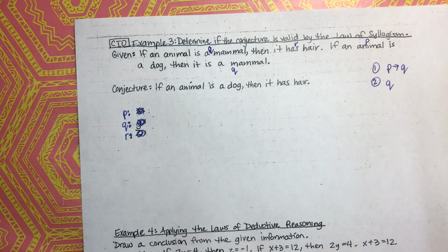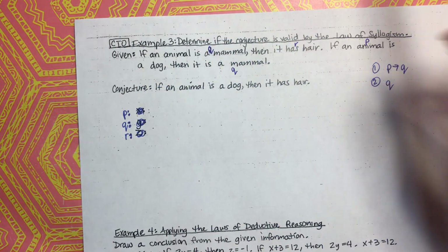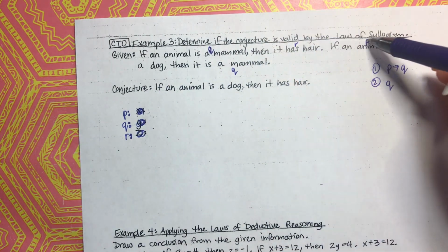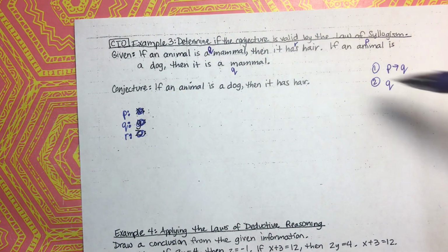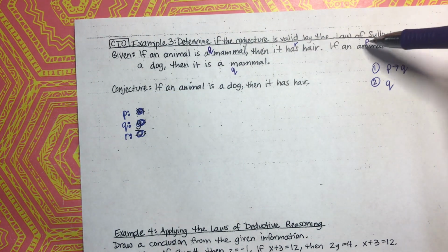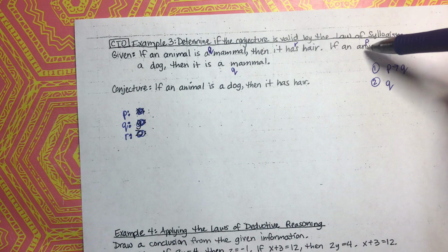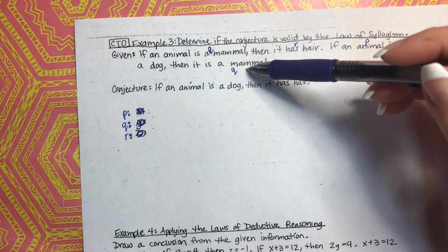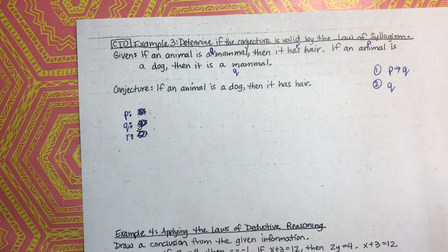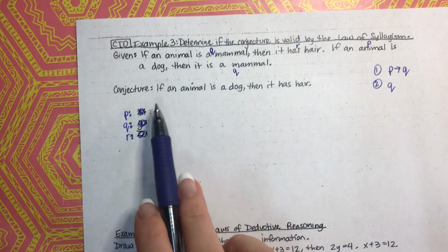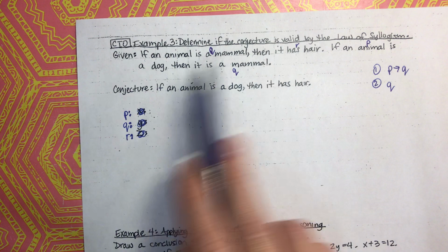So this is one of those examples where we just had to flip the order of the sentences. We have to make this second sentence our first and make the first sentence our second, and then it fits, because if an animal is a dog, that's our P, that's our Q. It ends with Q and starts with Q here. So boom, we got it. So we have to define our variables. Our P is if an animal is a dog.